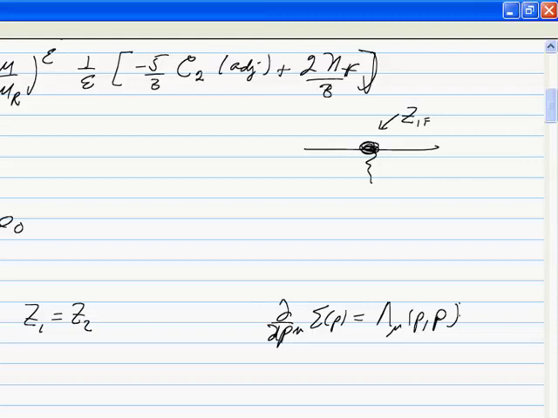So we worked that out. But that basically then says that this just goes over to Z3 to the 1/2, e0, they cancel out.